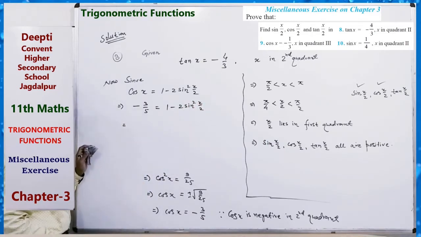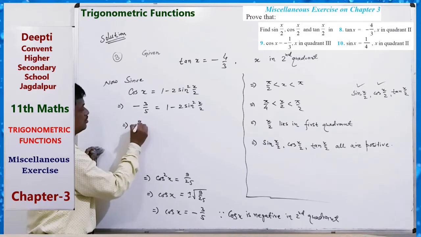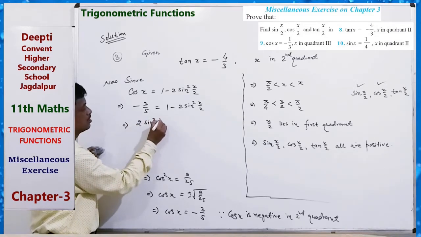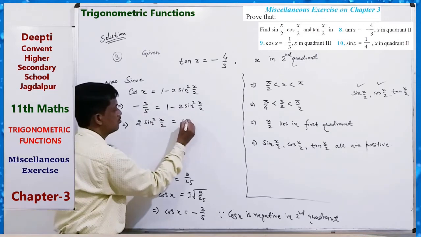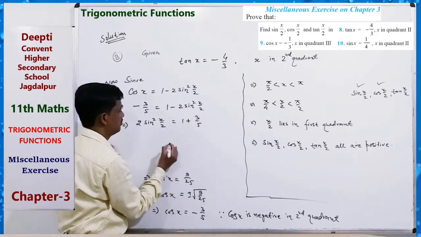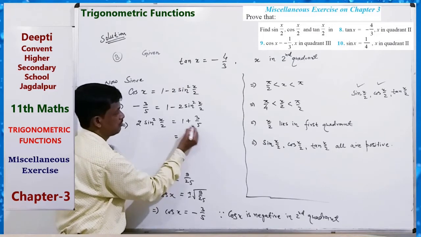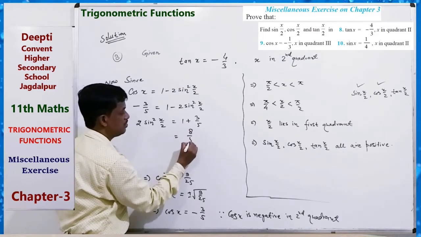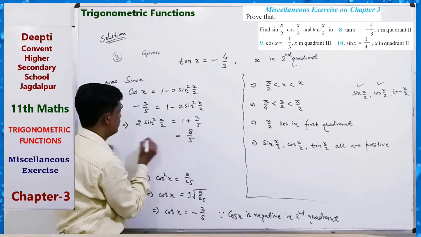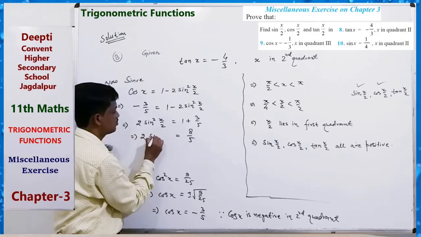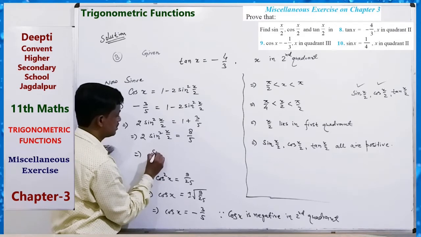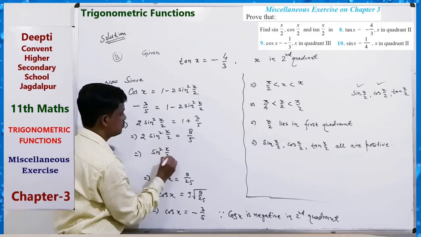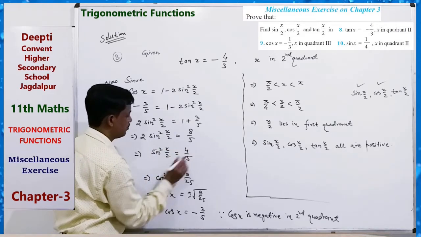So here we get 2 sin square x by 2 equals, transferring this to the left hand side and this to the right hand side, 1 plus 3 by 5. This equals 5 plus 3, 8, so 8 by 5. So sin square x by 2 equals 4 by 5.